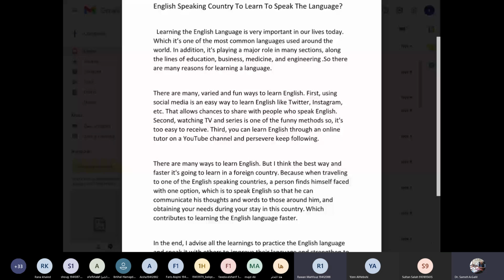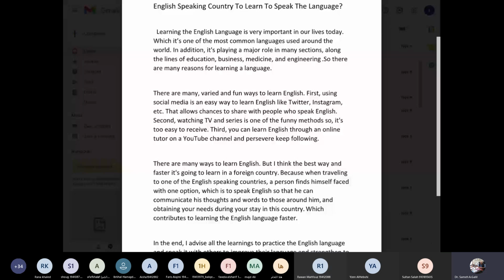So, I think it's a persuasive essay. So, according to Rawan, it's a persuasive essay, because in the third paragraph he writes, I think the best way and faster is to learn in a foreign country. So he tried to explain to us that if we travel, we will have a perfect language. Are you talking about the same essay that we're looking at?